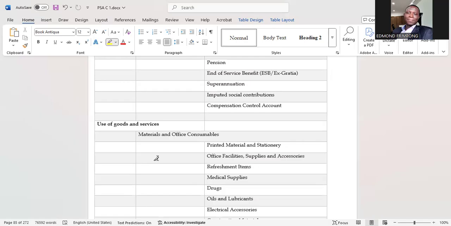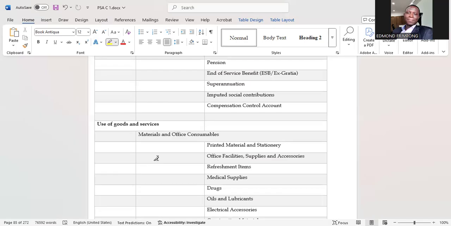repairs of vehicle. Not by way of giving it to labor, like vehicle allowance, but let's say the public sector entity's vehicle goes for maintenance, and consultancy fees, legal fees, and purchase of books, stationery, and all those things.